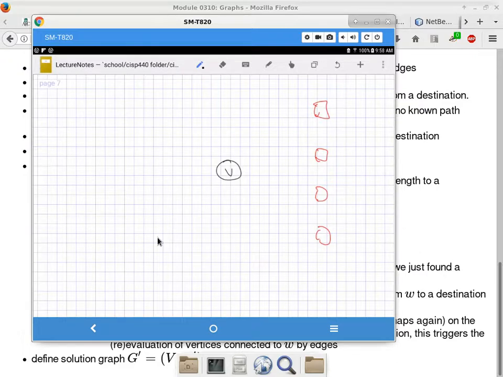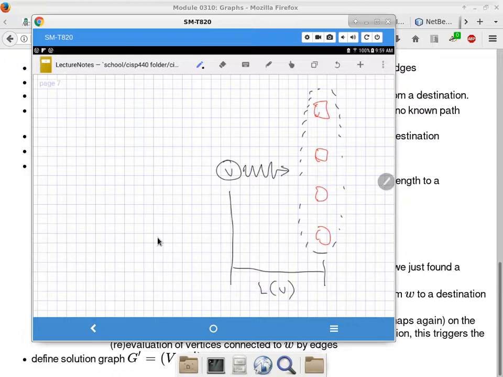I don't even care which destination. We just put a dotted line here and say that between here and one of these, I don't know exactly which one, is L of V. So we have some squiggly lines going in this direction, but we don't know exactly which one we're going to. It doesn't matter for this consideration.